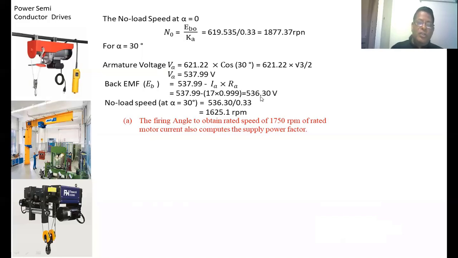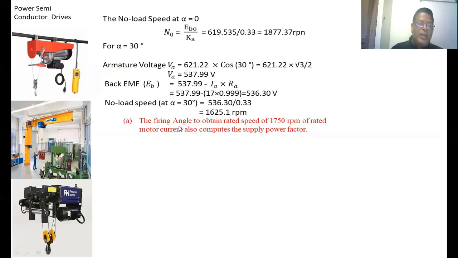So the no load speed is this voltage divided by the constant 0.33, which gives the speed of 1625.1 RPM. This is the no load speed of the motor when you maintain the firing angle alpha equal to 30 degrees. This value will be lesser when compared to the value at alpha equal to 0.